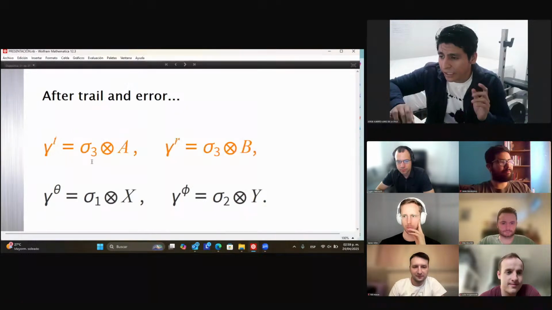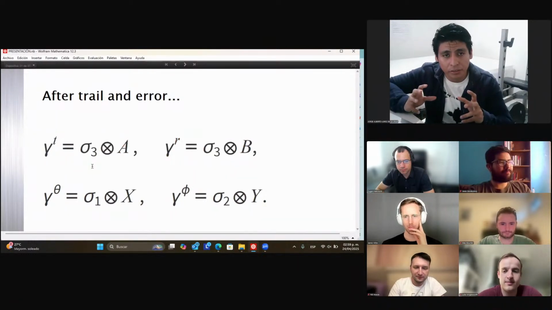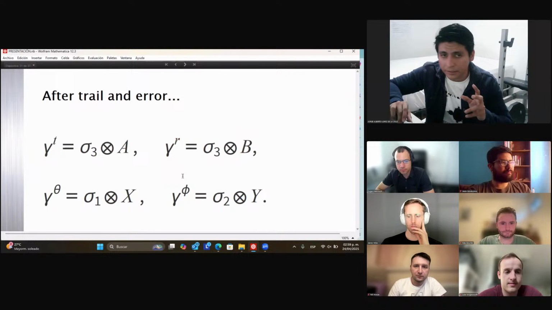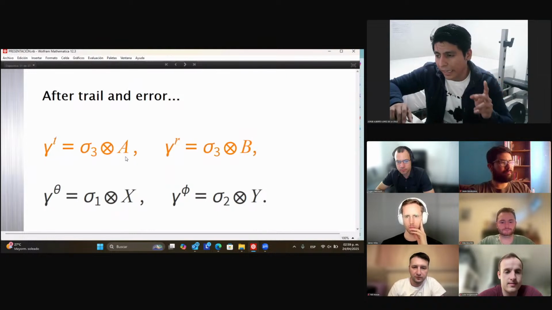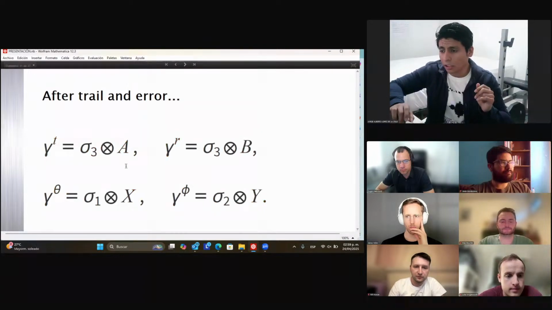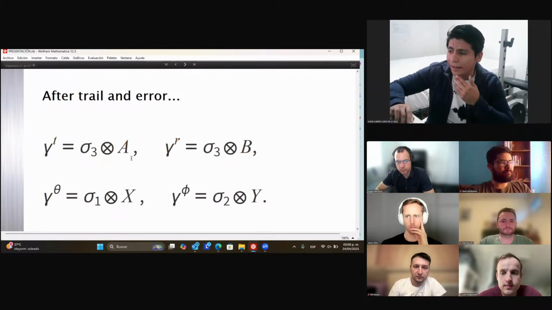Here we have 2 by 2 block matrices. There are the Pauli matrices, the very famous Pauli matrices, which are 2 by 2 matrices, and A, B, X, and Y are also 2 by 2 matrices. So how should A, B, X, and Y be to satisfy the Clifford condition?